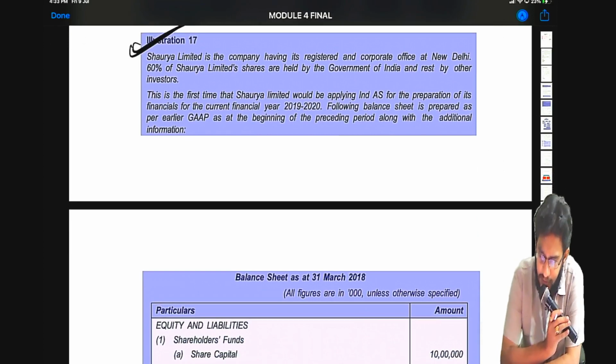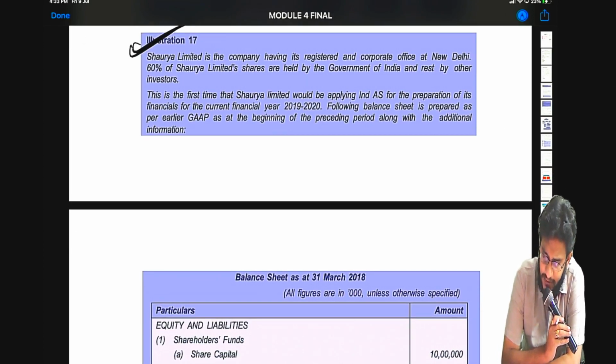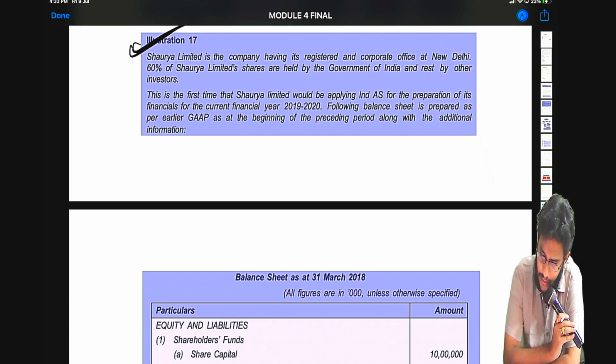Shaurya Limited is the company having a registered and corporate office at New Delhi. 60% of Shaurya Limited shares are held by Government of India and rest by other investors. So 60%, okay, it's a kind of government company. This is the first time Shaurya would be applying Ind AS for the preparation of its financials for the current financial year 19-20. Following balance sheet is prepared as per earlier GAAP at the beginning of preceding period.